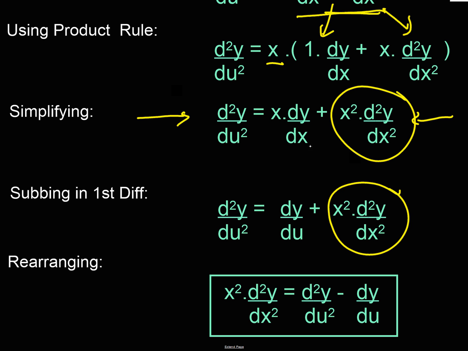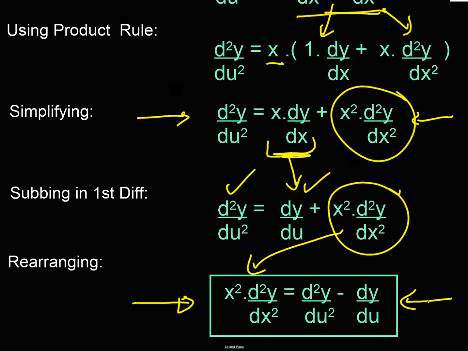Well, this bit isn't in dy by du yet, but we know from our earlier work that x dy by dx equals dy by du. So everything else is now in terms of dy by du. Rearranging, putting that on that side, I end up with this equation. x squared d2y by dx squared equals d2y by du squared, take away dy by du.